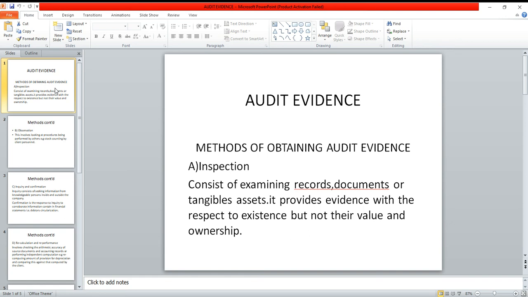So as you can see, this method of inspection is just having a look at those records that support the documentations of the financial statements, checking through those records and inspecting whether they really exist.